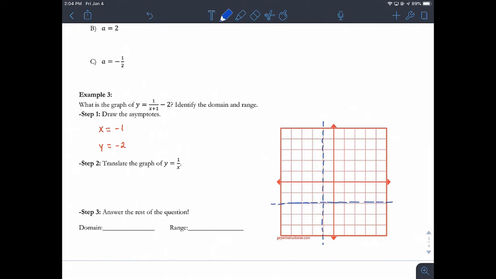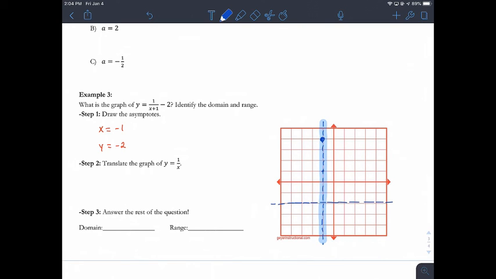Now you might be confused that I just put a vertical line for x equals -1 whenever the x-axis is this line right here, and that's a horizontal line. Don't get confused with that, because the reason why the vertical line is x equals -1 is because the x value anywhere along this line happens to be -1. If I was to put a point right here, that coordinate is -1, +4.